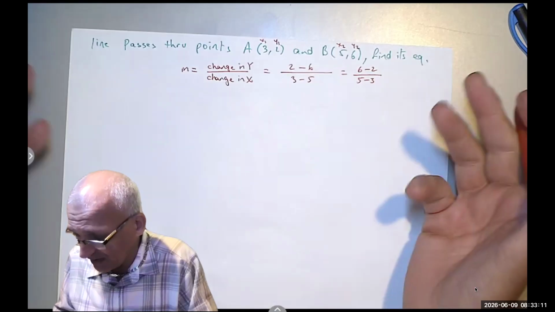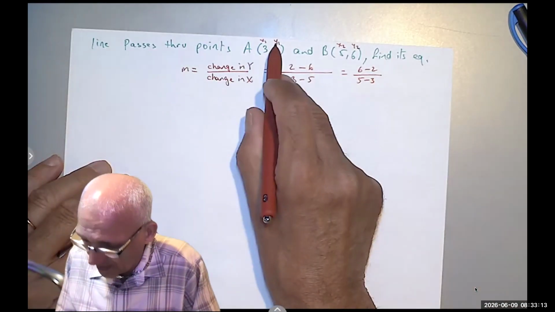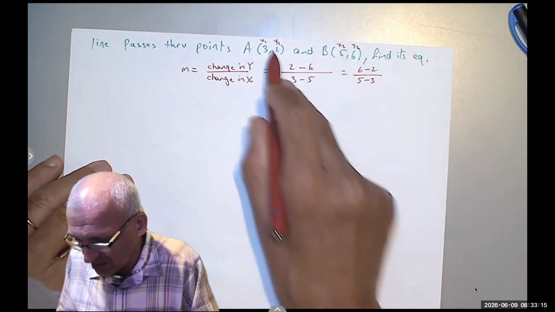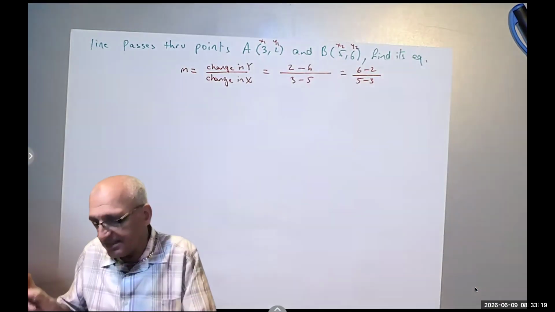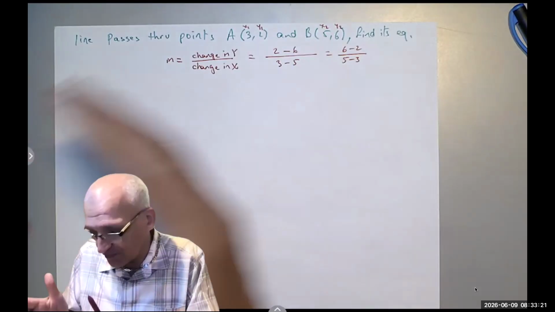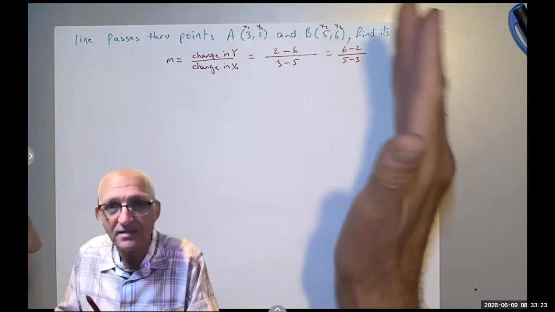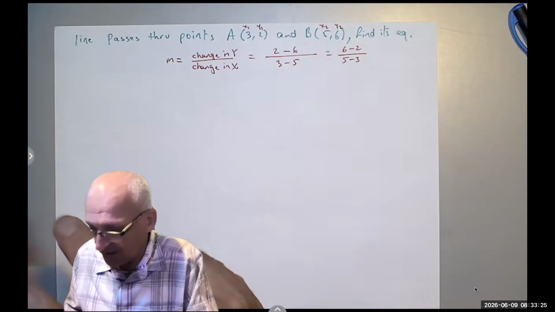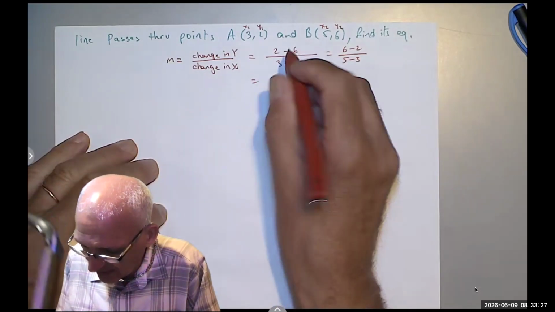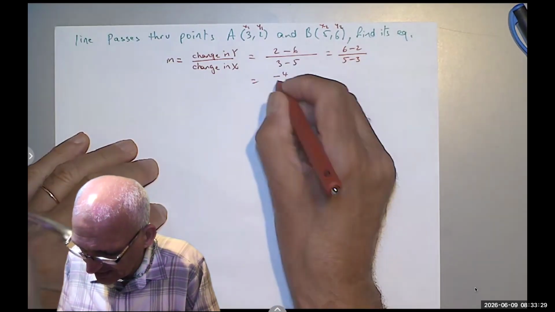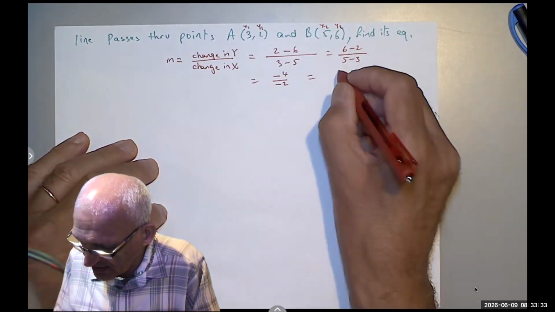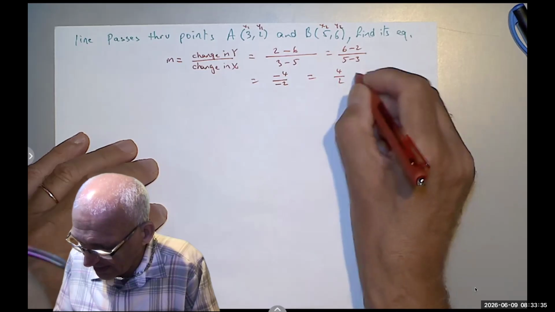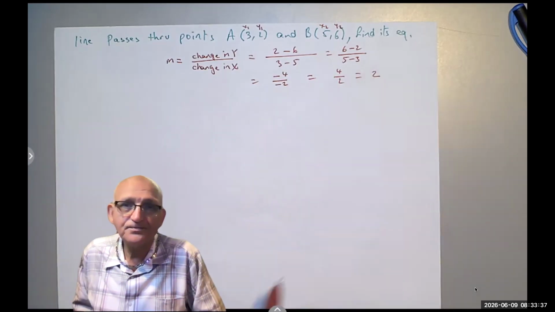But I can as well say it's y1 minus y2 over x1 minus x2. As long as I keep it going from the same point to the same other point, I'm fine. If I do it the first one, I say it's -4 divided by -2. And if I do it the second way, I say it's 4 divided by 2. And in both cases, I get 2.